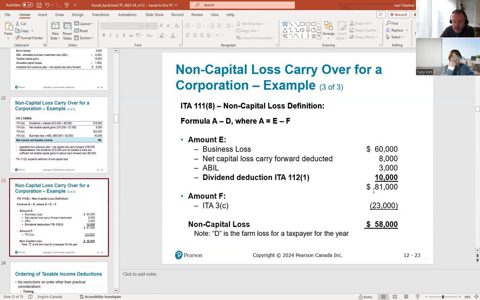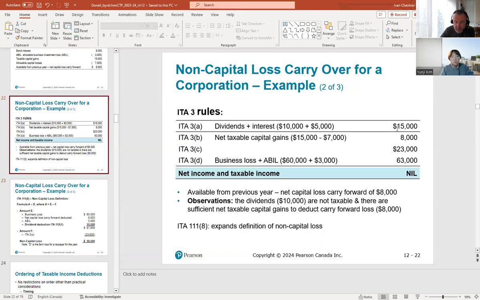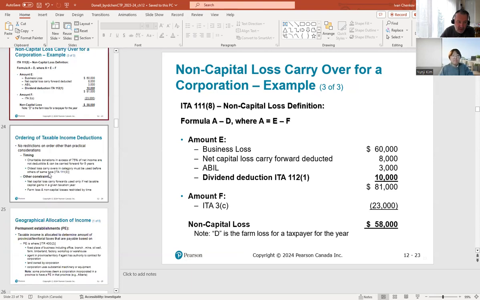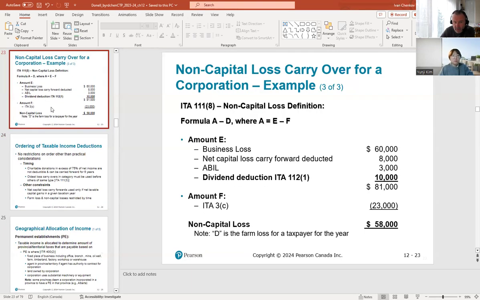So we have loss available of 81. We're deducting the 23,000, which comes from the dividend and interest plus the net taxable capital gain. We deduct the 23, and we have the net loss of $58,000. And that amount we can carry forward.